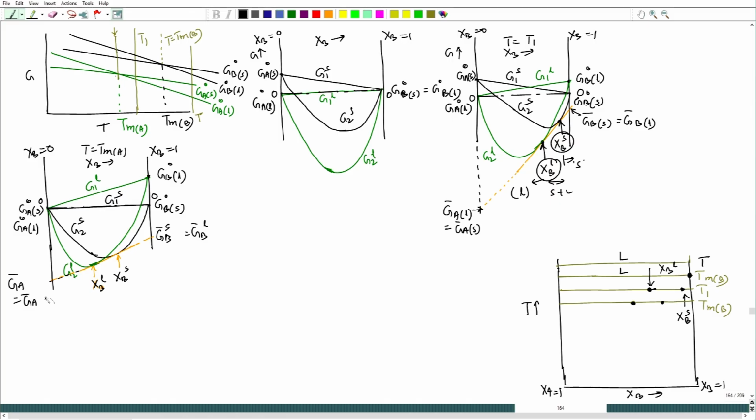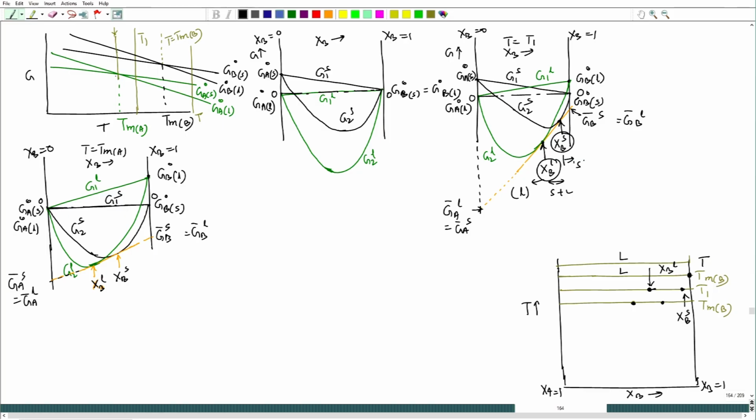So, let me also change this notation here; it is just about your convenience. So, these 2 points are placed here, but still at T equal to T m A, liquid and solid solutions are coming up all the way to T m B.